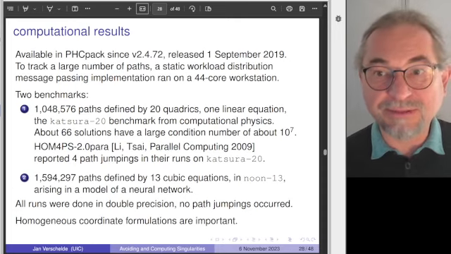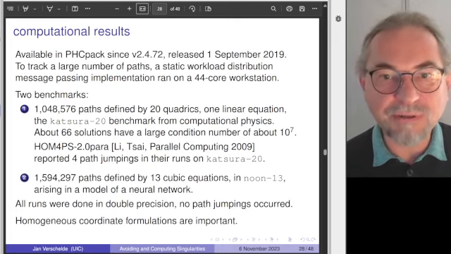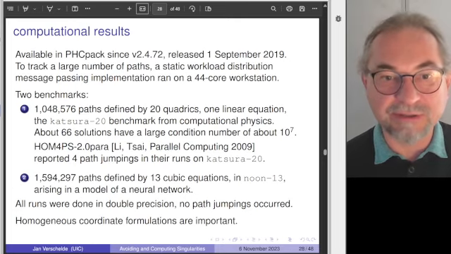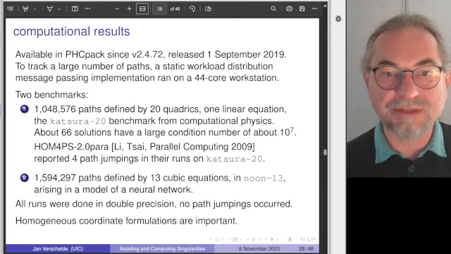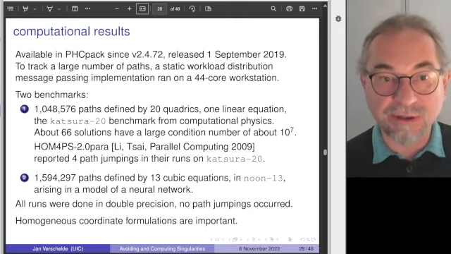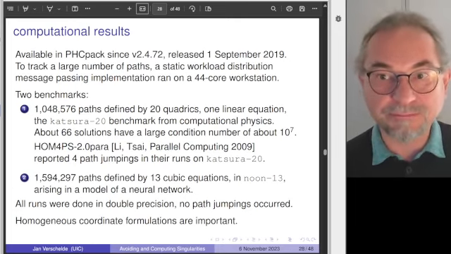So the Katsura 20 benchmark is something that I tried to solve for a long time as soon as I was having cluster computers. But there were always path jumpings. And in the literature, there is Home for PS 2.0 para, where the authors actually report 4 path jumpings in their many runs on Katsura 20.